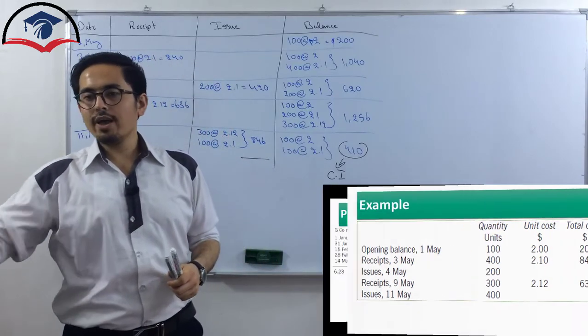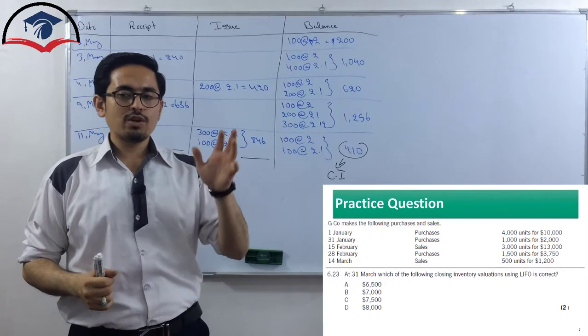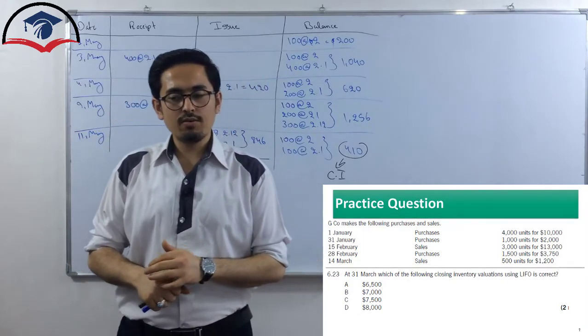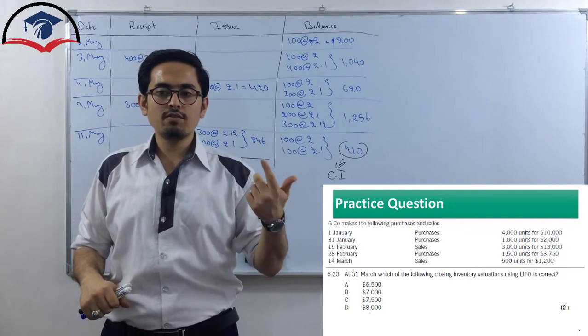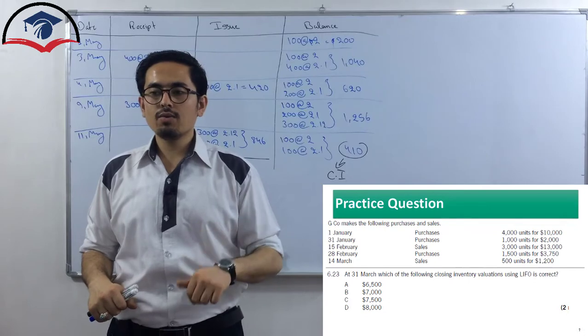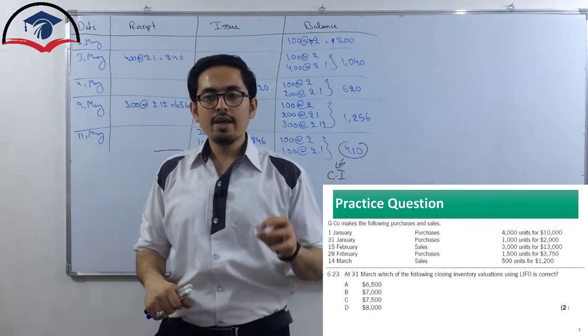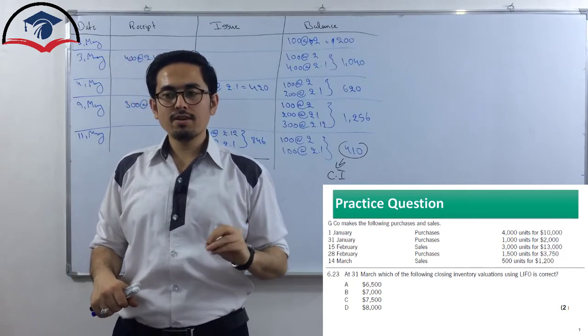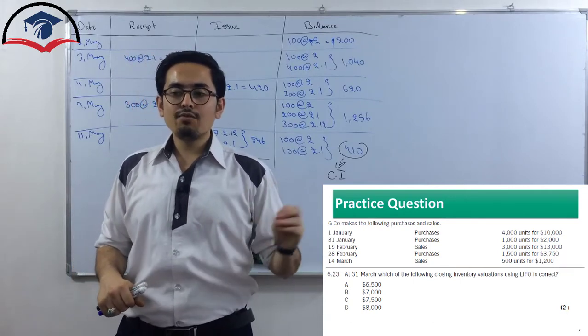Let's go ahead. We have a practice question. The practice question had 3 purchases and 2 sales during the period. 1st January, 31st January, and 28th February are the purchases of 4,000, 1,000, 1,500 units. And on 15 February and 14 March, there are some sales of 3,500 units.